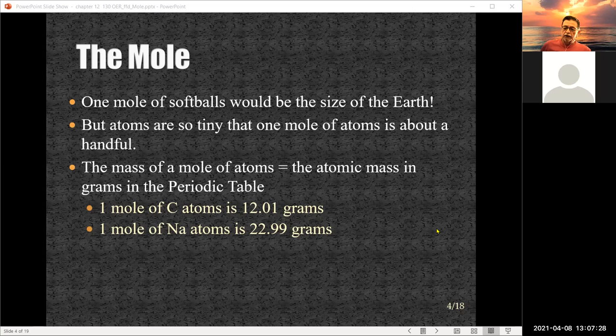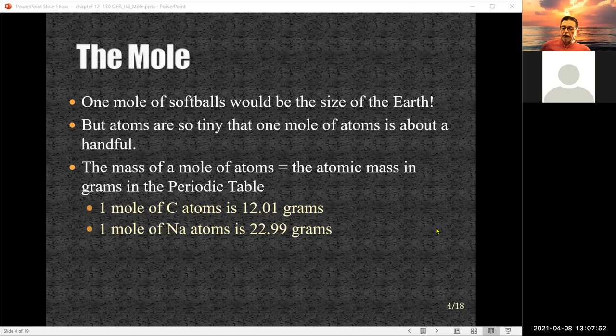Okay, so when we go to the periodic table, underneath the symbol, you saw an atomic weight. There's a decimal number. If you recall, when we talked about this, that was the average atomic weight of all the isotopes for that particular element.